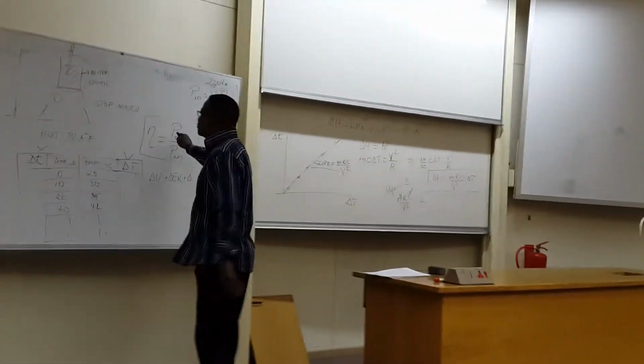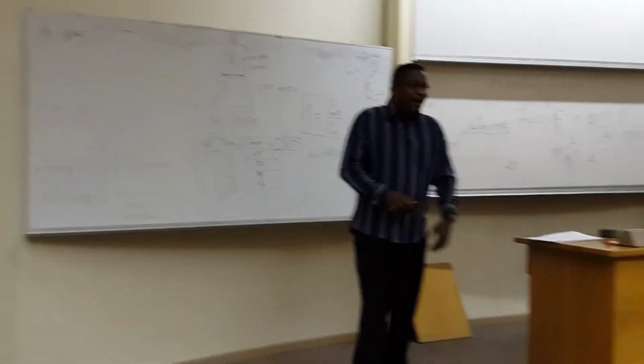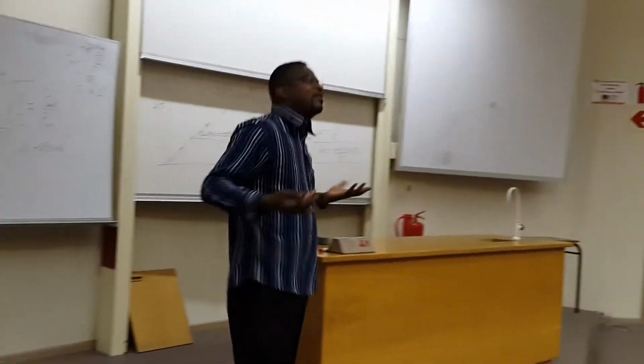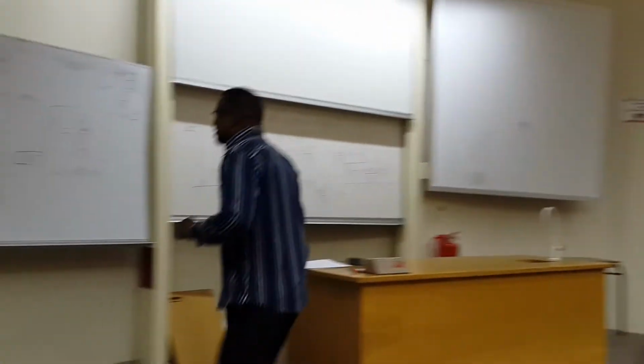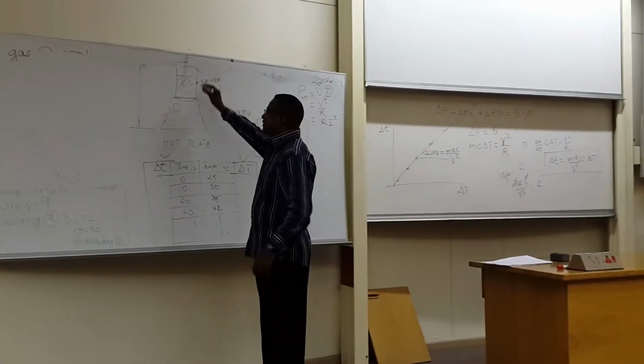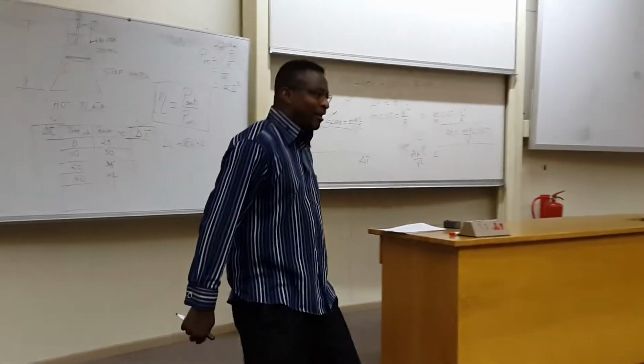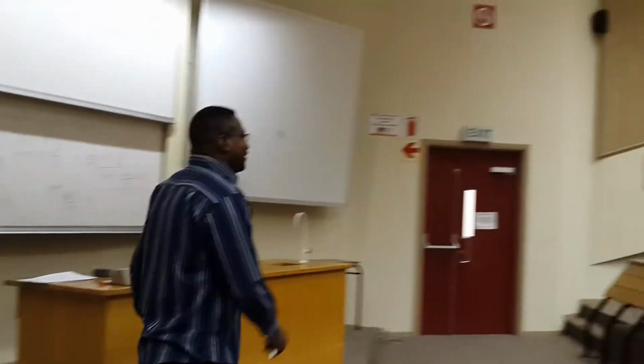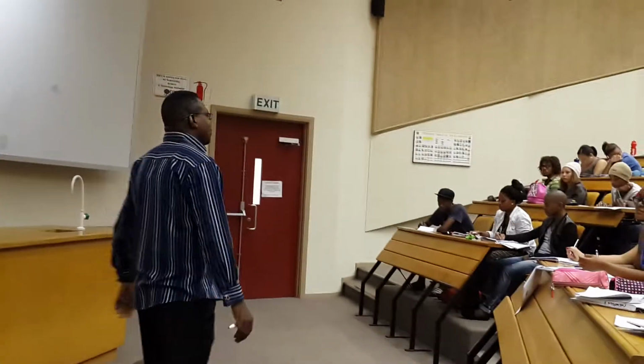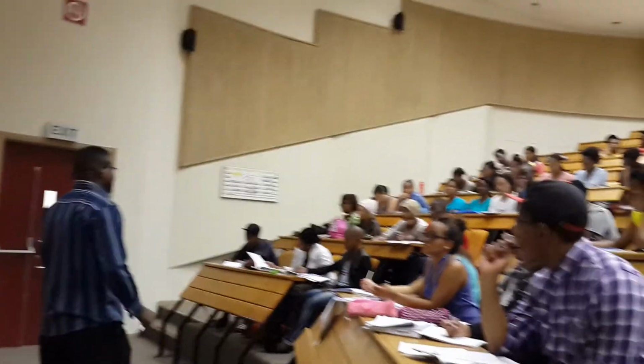Now, how are you going to determine the power out? The power out is the power as it's been used by the system. But how are we going to access that power out? Very simple. We did it in thermochemistry. I think you did it in physical chemistry, or in thermo.